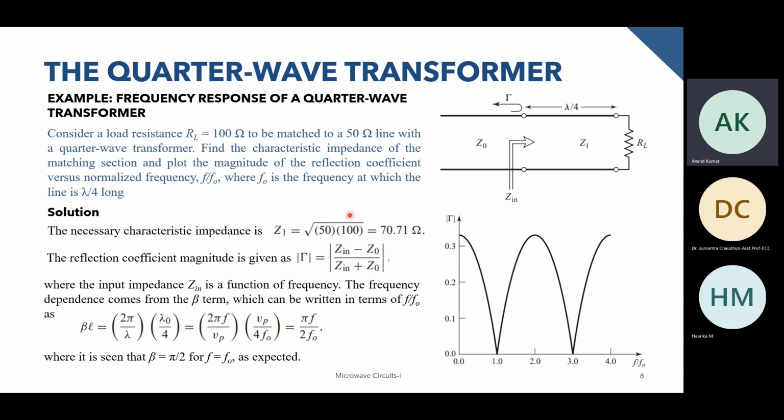Now, we also looked at an example where we plotted the normalized reflection coefficient against the normalized frequency. We found Z1 using the information given, the characteristic impedance and the load impedance.